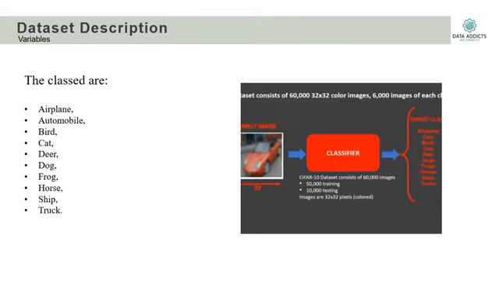The image is 32 by 32 pixels, and by doing the computations that we are going to do in our network, we are going to classify the input image into one of these 10 classes.